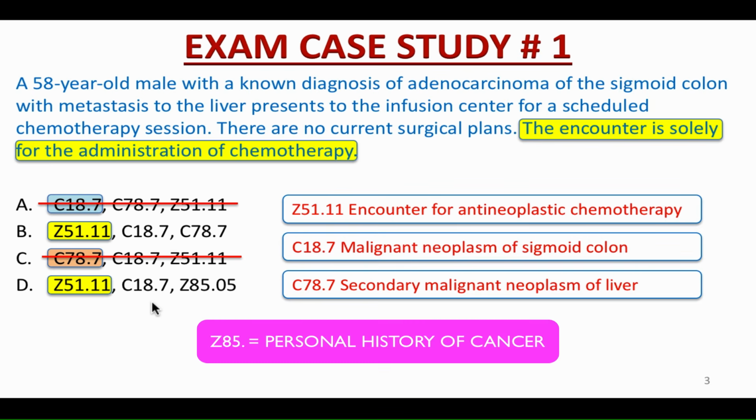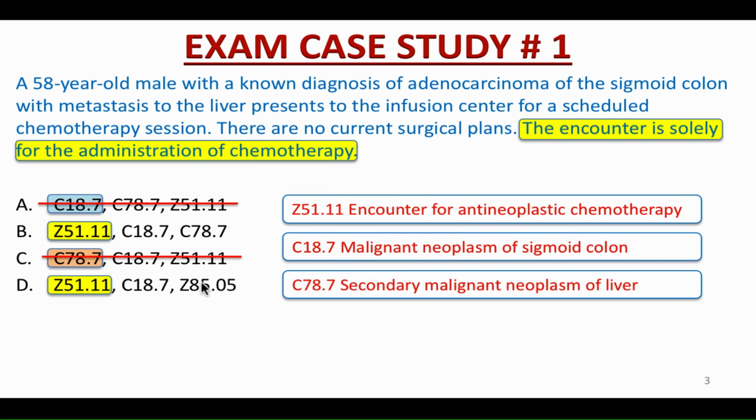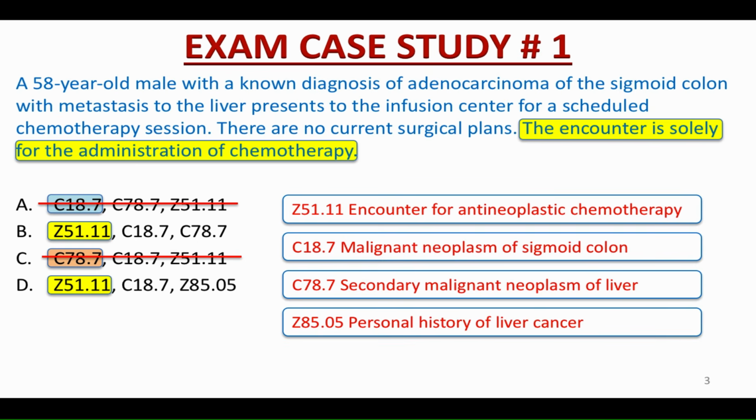By now, you should recognize that Z85 code is a personal history code, but if you are new and not sure, this is why we always verify. If you look it up in your book, you will find that Z85.05 means personal history of malignant neoplasm of the liver.